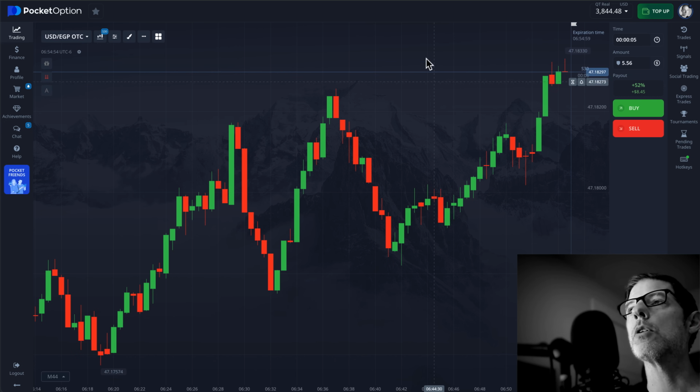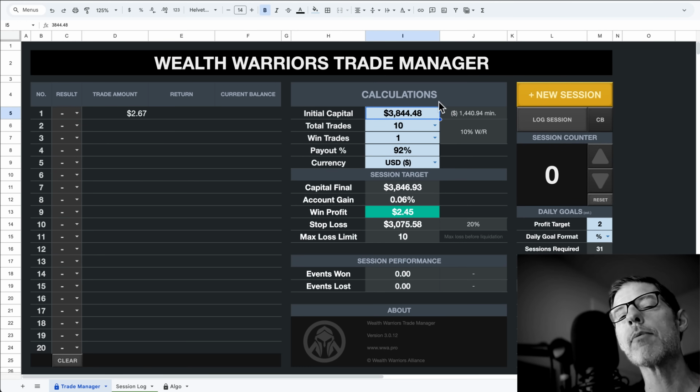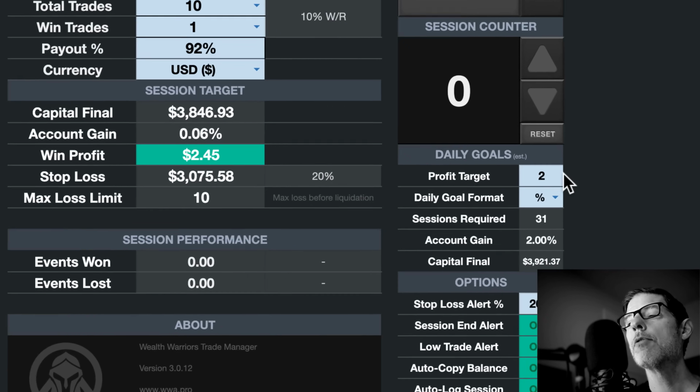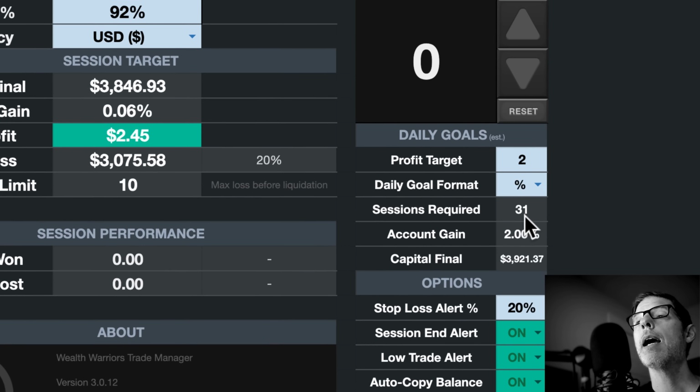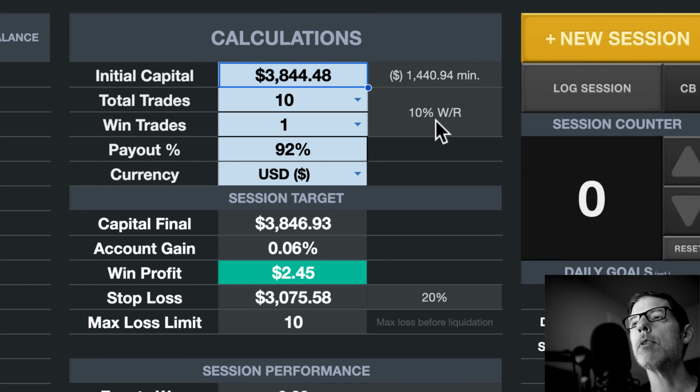But when we use the trade manager, there's several sessions that we need to complete every single day to reach our profit targets. For me, that's 2% per day. And so I need to complete 31 sessions. It seems like a lot, but it only takes 1 win to complete 1 session. That's based off the settings that I've used up here.